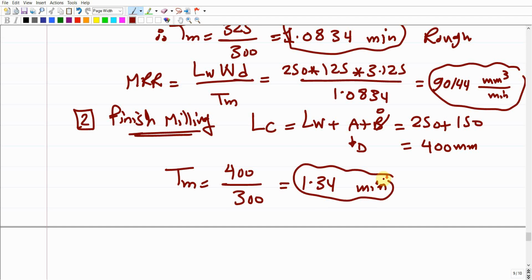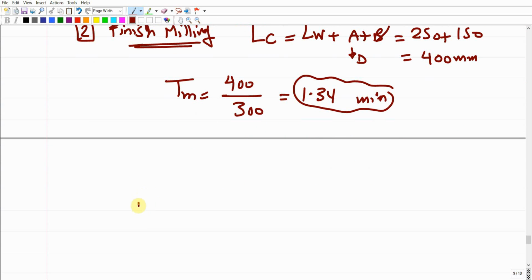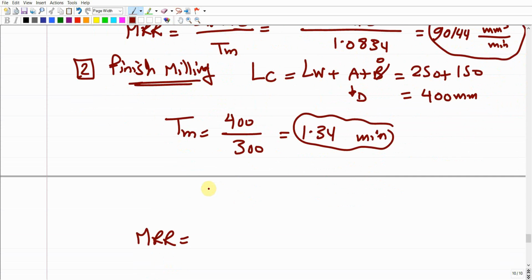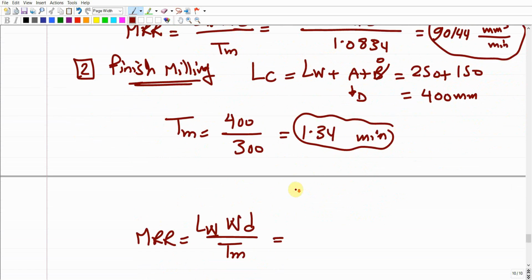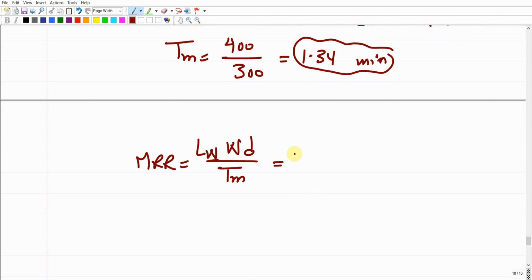Since the machining time has changed, definitely the metal removal rate for the finishing operation will be different as well. So this is going to give us LW times W times D divided by the machining time, which is the same values that we calculated: 250 times 125 times 3.125 divided by 1.34.